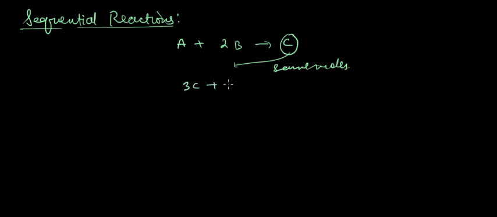Let's say we have A plus 2B which reacts to form C. Then the same moles of formed C react with D to form 2E plus F. So same moles but different coefficients.